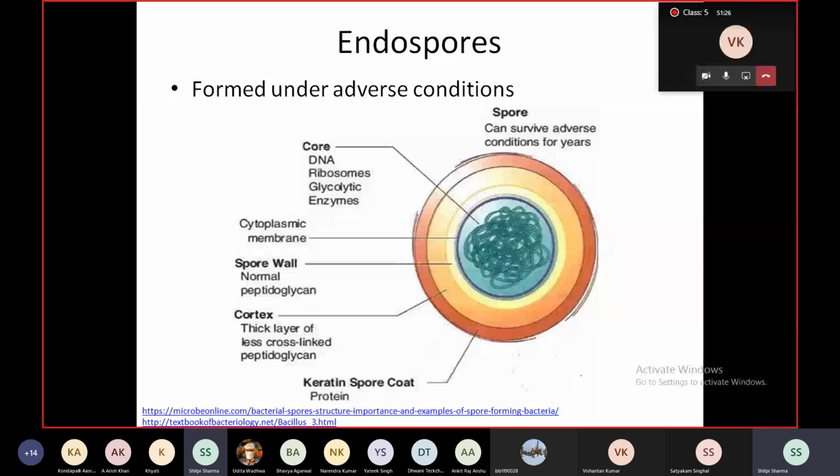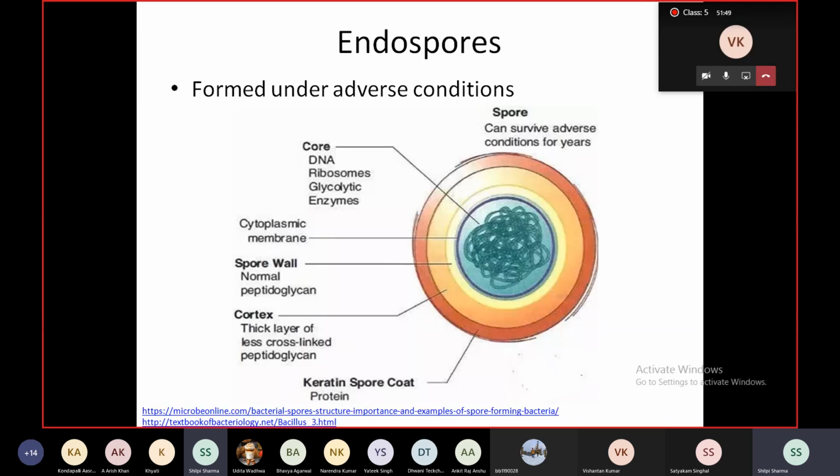This eventually becomes the cell wall of the bacterium when the endospore germinates. Then there is the cytoplasmic membrane, followed by the center of the endospore called the core. This is in a dehydrated state and has only the absolutely essential components, that is the cell's DNA and the ribosomes.